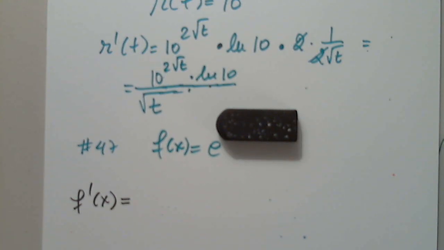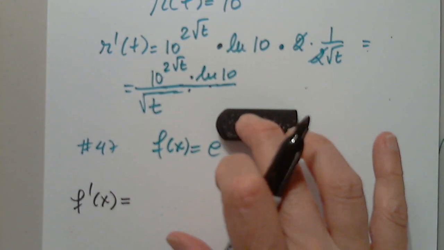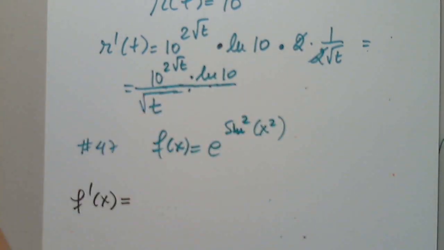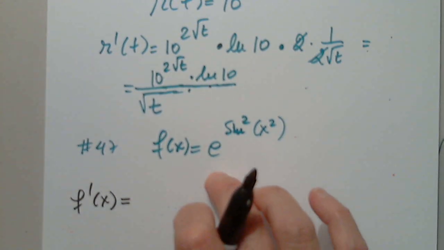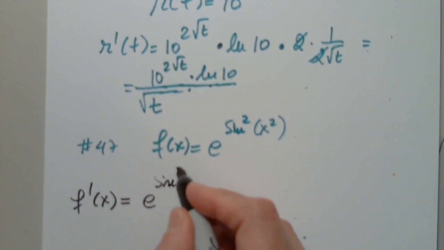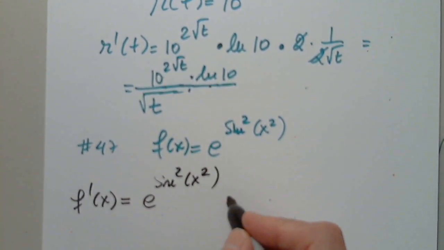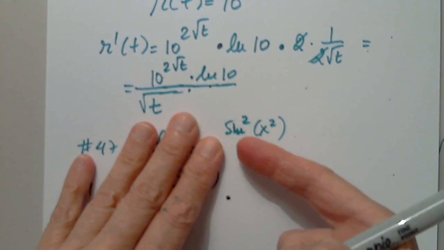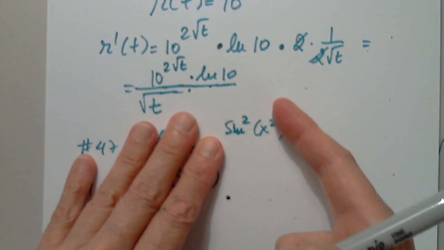Anyone, please? The formula for e to a function prime. Would be e to that function. Okay, very good. Awesome. Times the inner function prime.